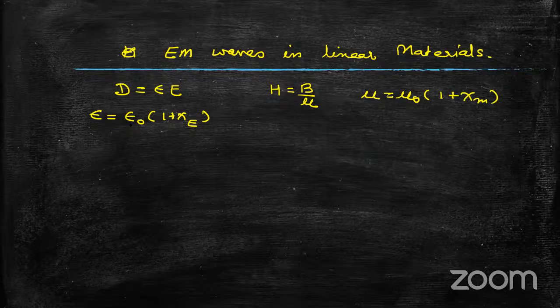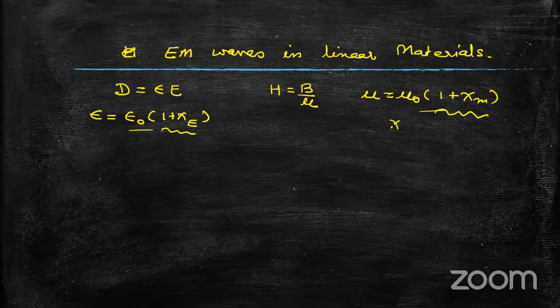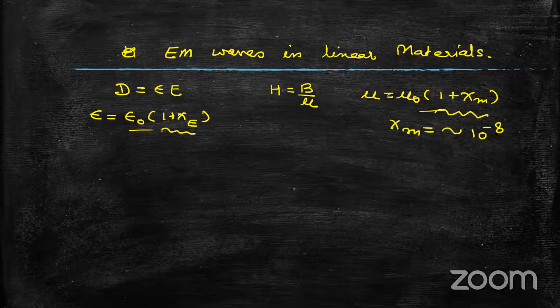Now the difference between these two quantities is that chi e is normally a good amount, so epsilon and epsilon 0 are not the same; 1 plus chi e will be some value. But in this case, for the majority of materials chi m is of the order of 10 raised to minus 8.